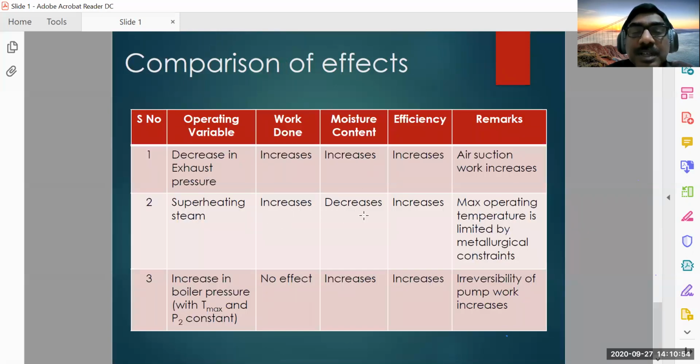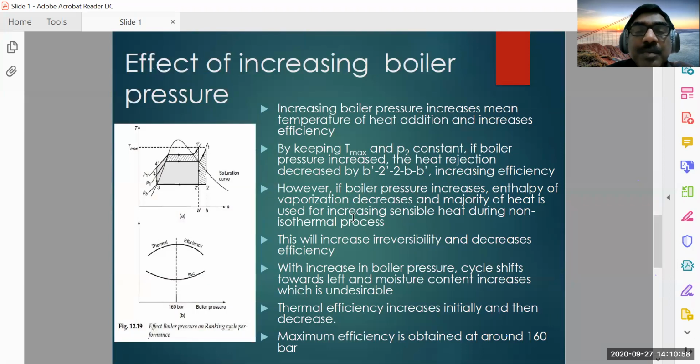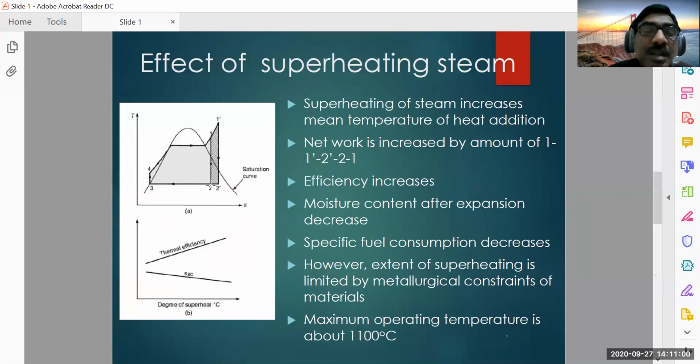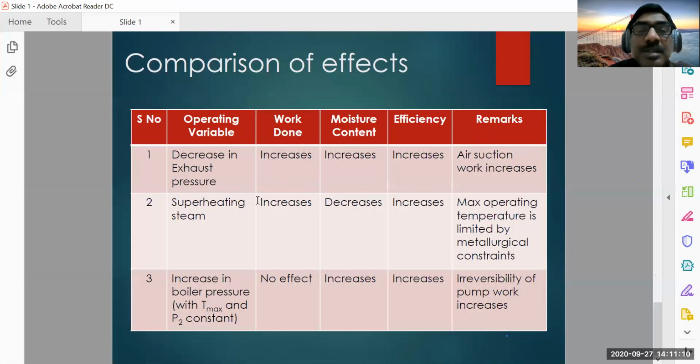And moisture content, what is happening here? It is shifting from 2 to 2 dash. That means the moisture content is getting decreased. So this is the best option to increase the efficiency and decrease the moisture content in a Rankine cycle.